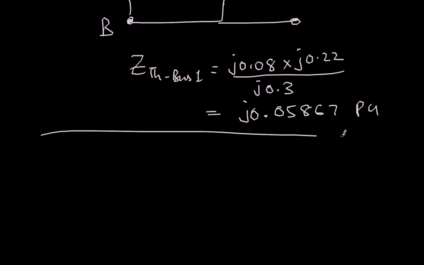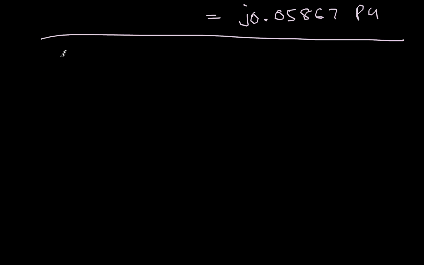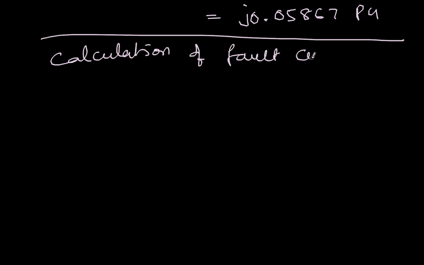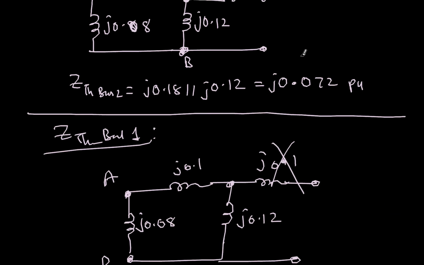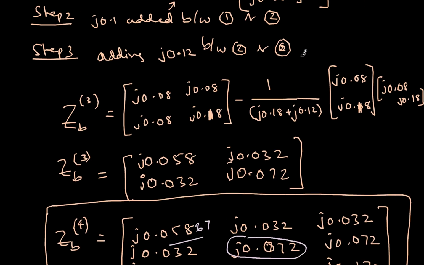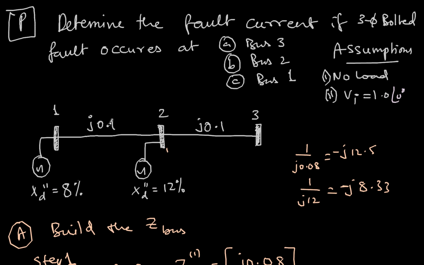So now, the calculation of fault current. Since it is assumed that the system is no load and all currents are zero, I don't have to perform any superposition kind of analysis.